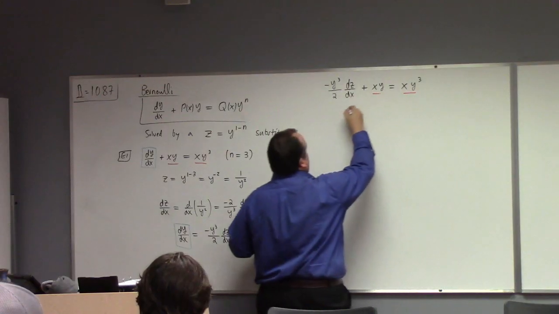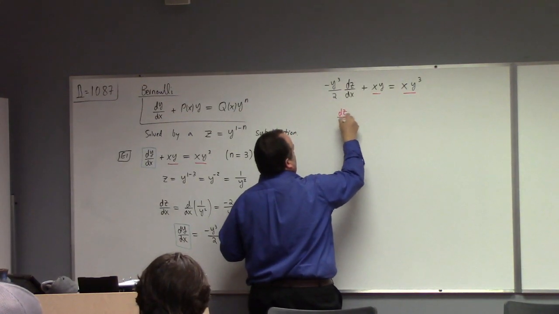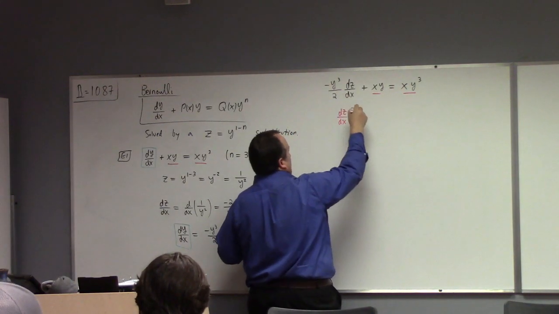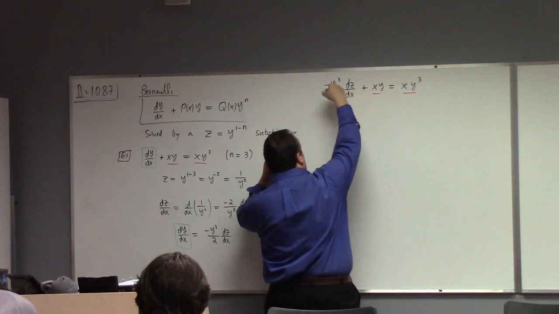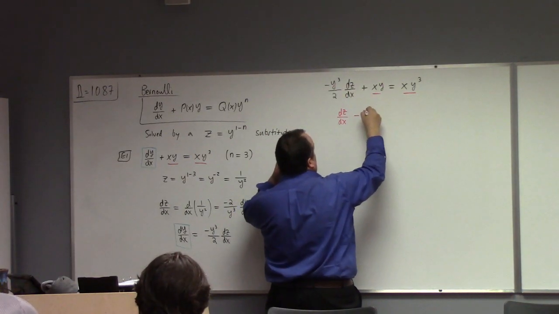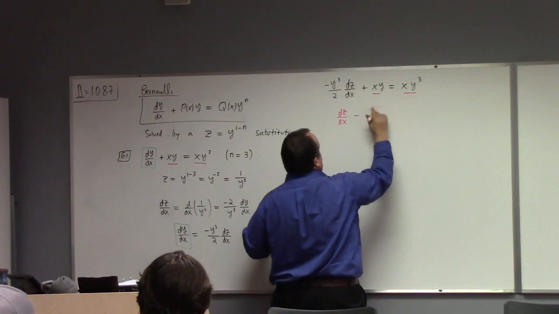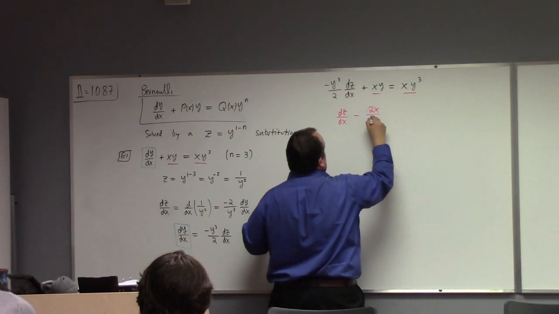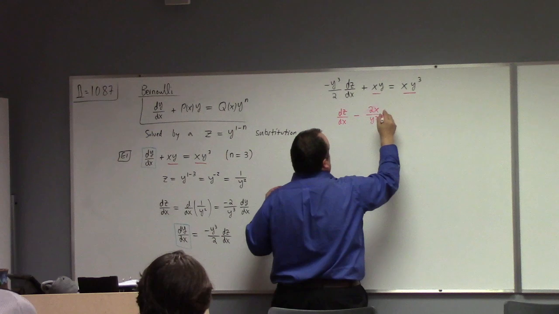So now what I'm going to do, I think will be helpful, is if we solve for dz/dx, well, not solve for it, but isolate it. So that's going to give me multiply by minus 2 over y cubed. So I've got like minus 2, oh my bad. So I've got 2x over y cubed, my bad.